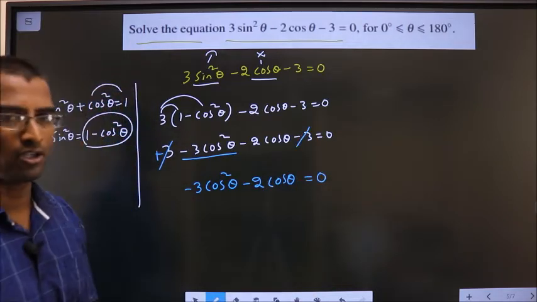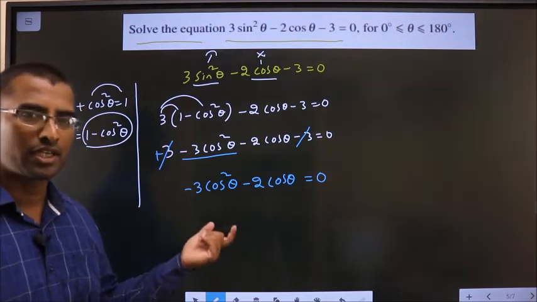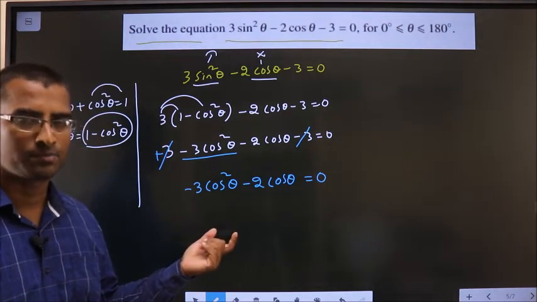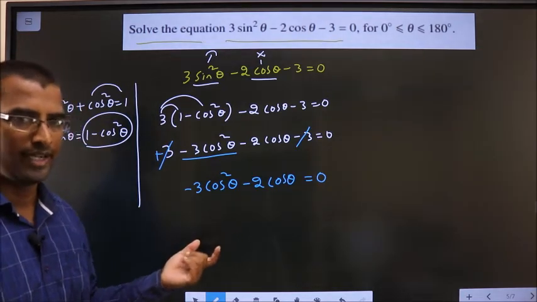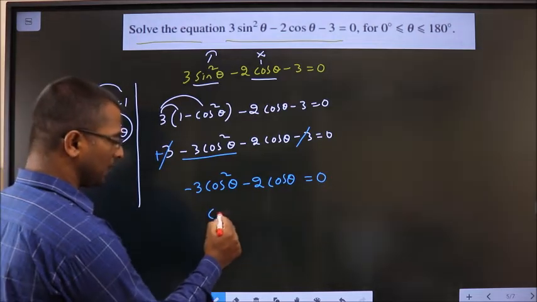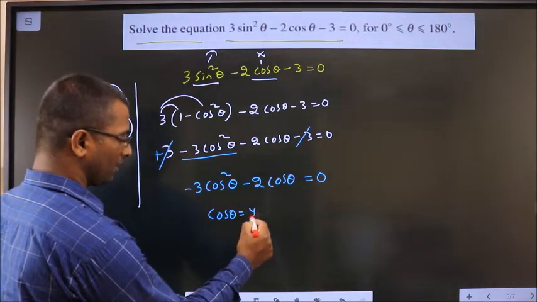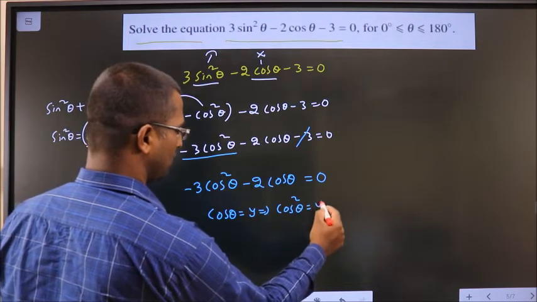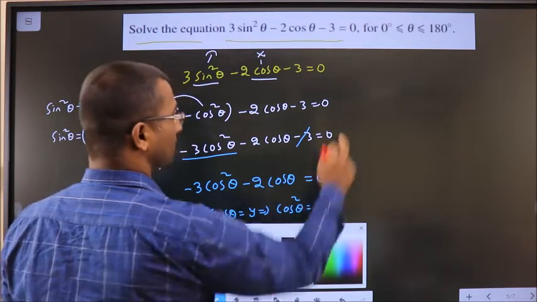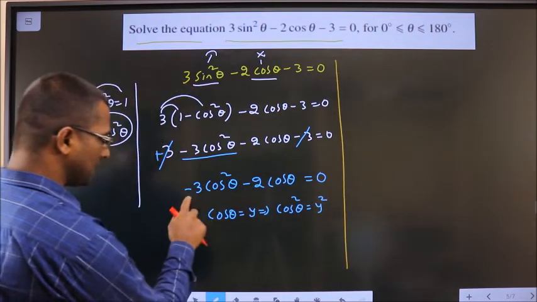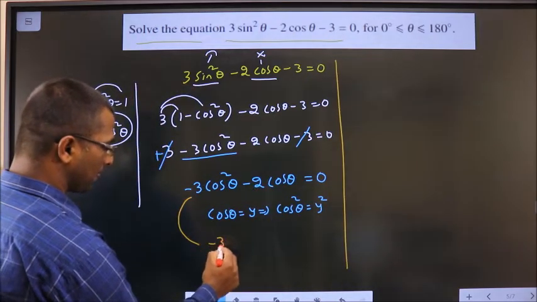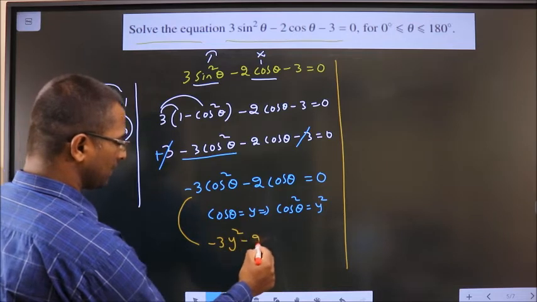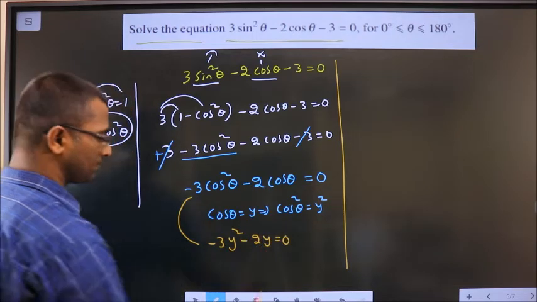I don't have any constant left. We got the quadratic equation. Now let us write cos theta to be y. Then cos square theta will become y square. Now this equation will turn into minus 3y square minus 2y equal to 0.